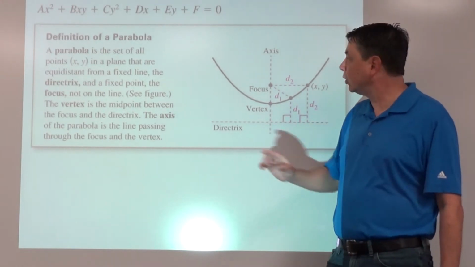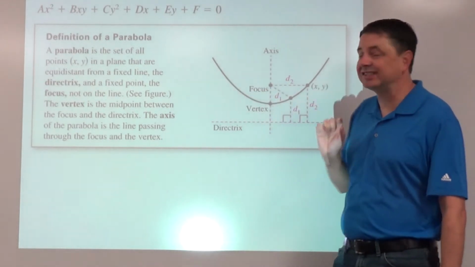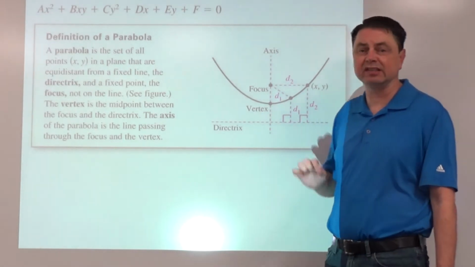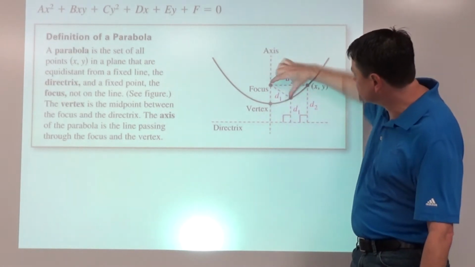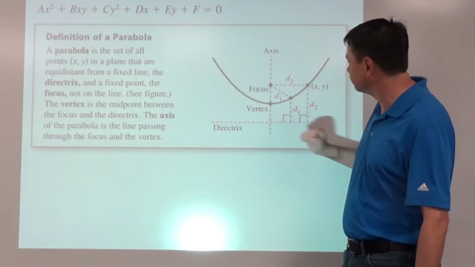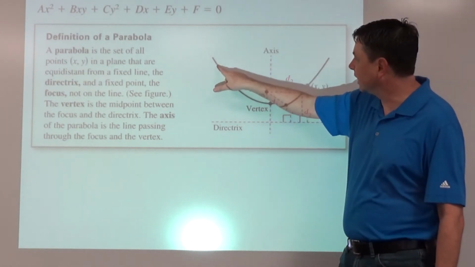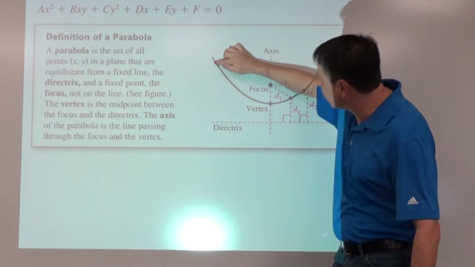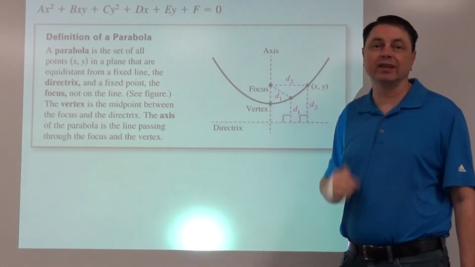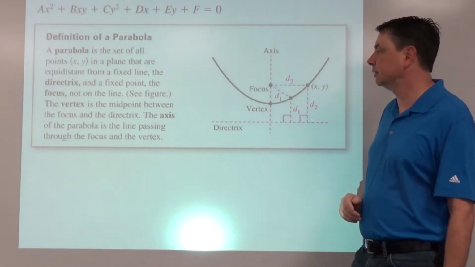Every point on the parabola is the same distance away from the focus as it is from the directrix. So this distance and this distance would be the same. This distance and this distance would be the same. Going out to here, this distance and this distance would be the same. So that defines the parabola.